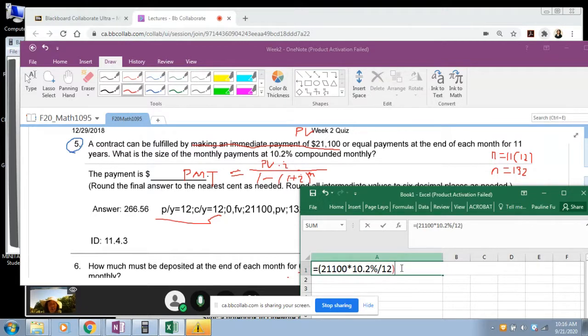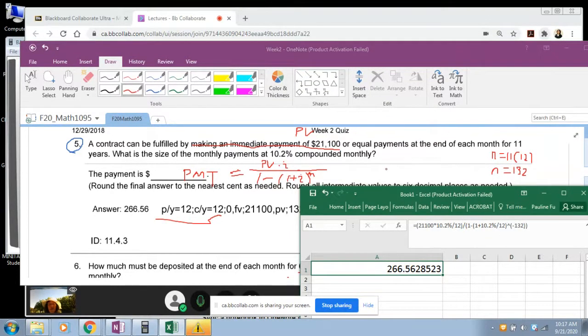On the bottom, divided by bracket, 1 minus bracket 1 plus I, where I is 10.2% divided by 12, raised to power negative n, negative 132, closing bracket. So this time it is correct, 266. Okay, the formula is here.